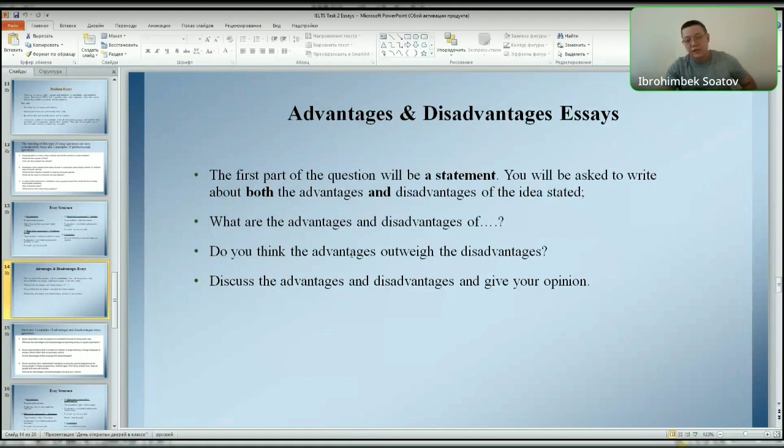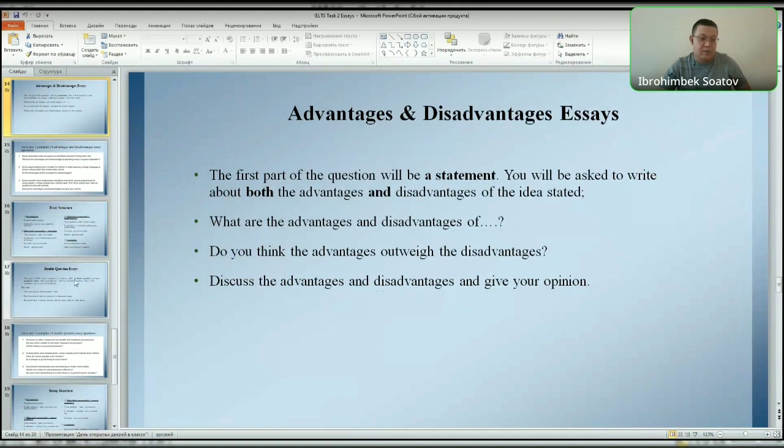Do you think advantages outweigh disadvantages? Discuss advantages and disadvantages, give your opinion. And you should also pay attention to paraphrased versions of words, like pros and cons, merits and demerits, benefits and drawbacks, good and bad sides, and others as well.